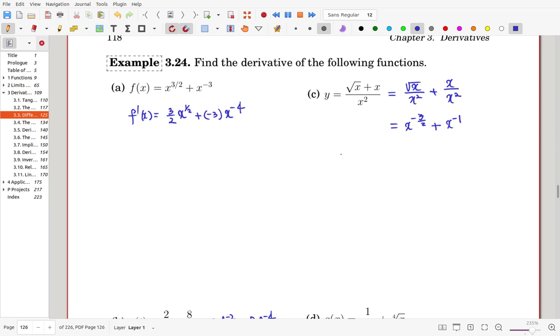Okay, now we can use the power rule. Y prime equals minus 3 over 2, and then 3 over 2 minus 1 is the same as x to the minus 5 over 2. Okay, plus, now minus 1 will go out, and x to the minus 1 minus 1, which is minus 2. So that's the answer.